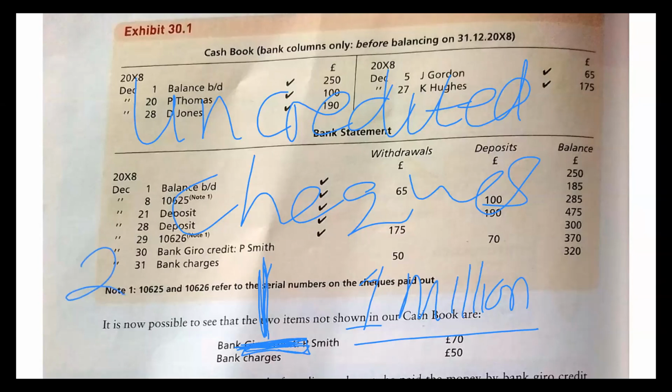You indicate in your cash book that you have received the money, but in the bank account that money is not yet appearing, because maybe you haven't presented that check, or it has not yet been processed. When it is processed, the bank will have to credit those people's accounts so that they can debit your bank account.